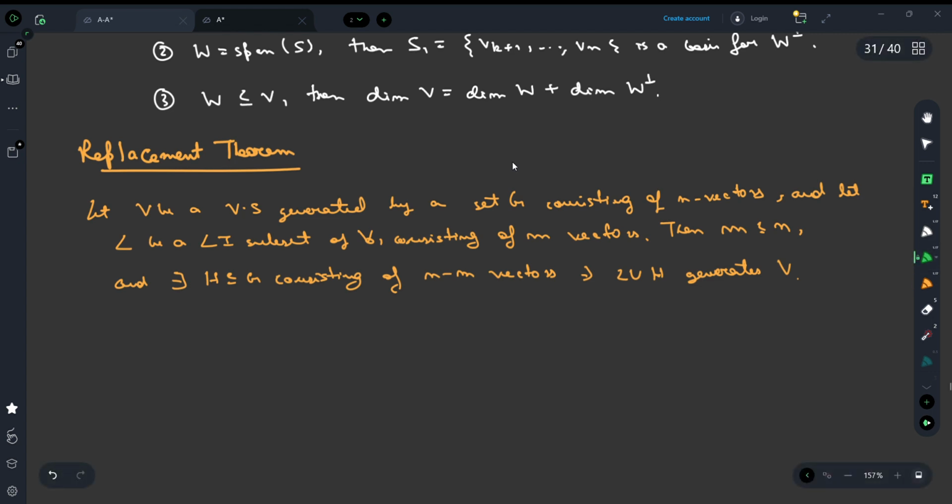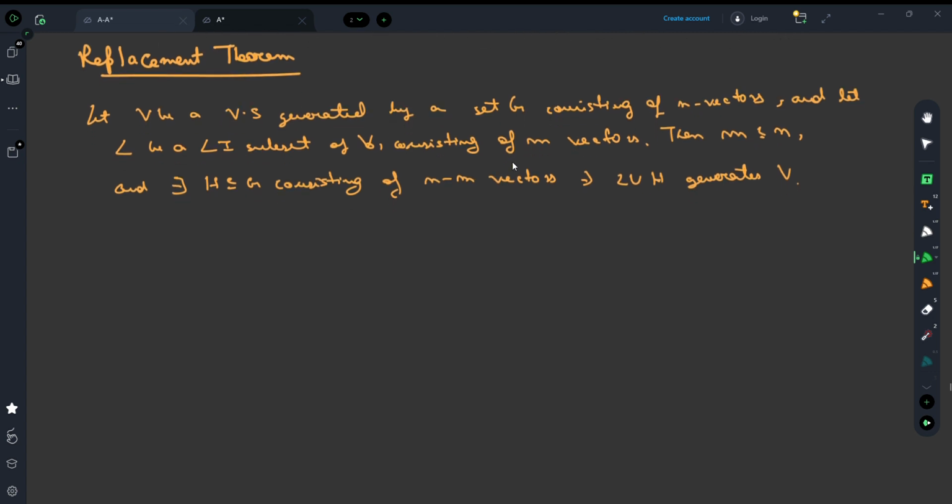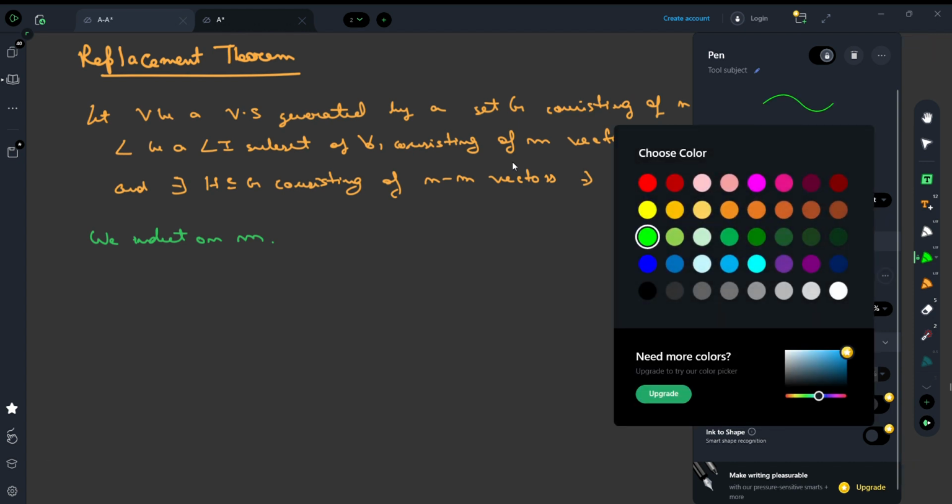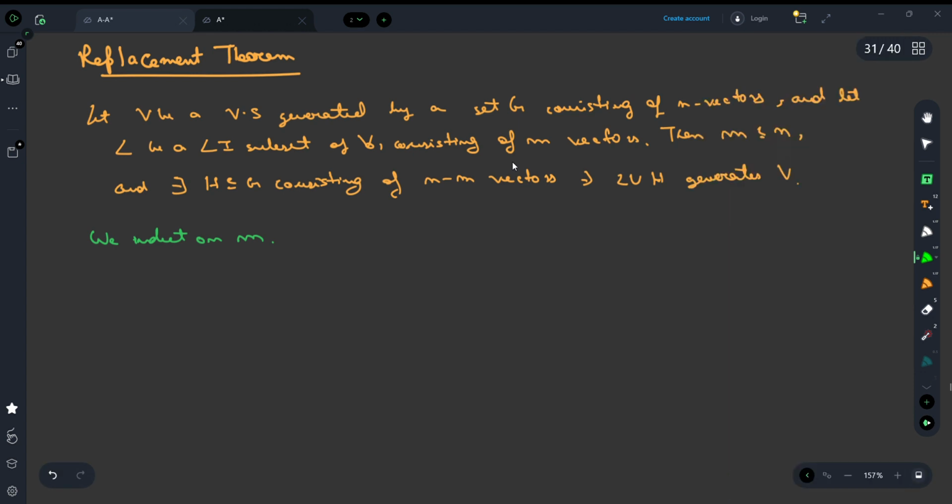So let's give a proof of this. What we do is that we induct on m. Let me precisely write it first. Okay, let me change this color a bit. That's too dark. Yeah, this will do. So we induct on m. So what is the base case then?